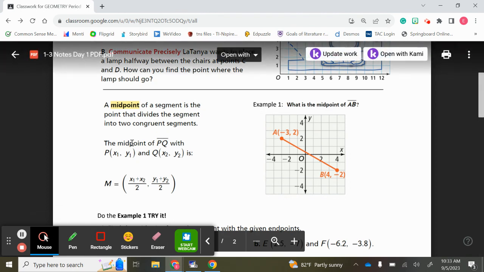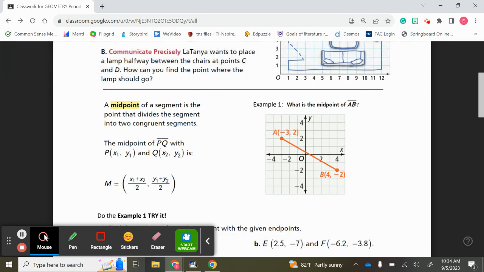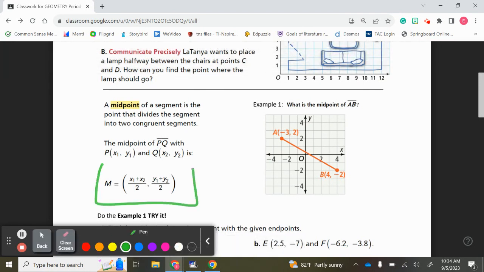All right, so it says the midpoint of PQ, with P as X1, Y1, and Q as X2, Y2. So what they're saying here is we're just naming points. And this is the formula. This is what you're going to want to highlight, star. I have it written on the board as well, okay? But that's what we want to use. So if we take a look at example 1, it says, what is the midpoint of AB?